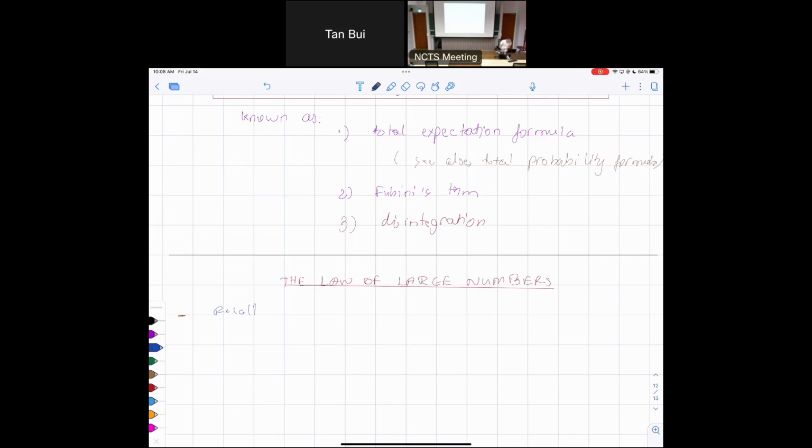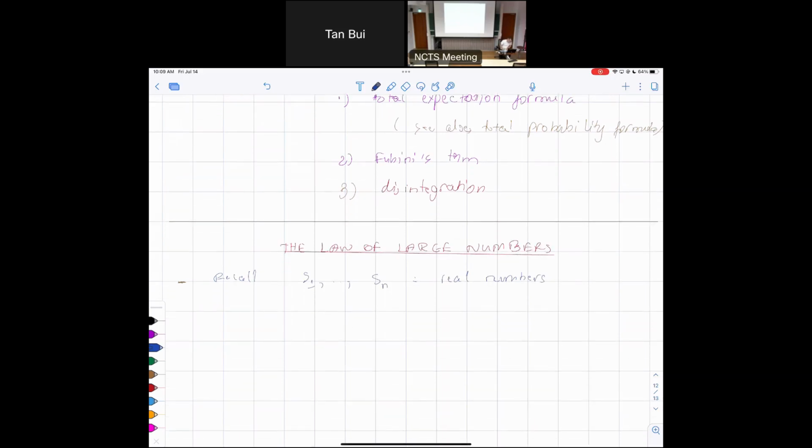Recall, if I have s_1 to s_n, a sequence of real numbers, what is the average? Can somebody tell us what the average of n numbers is? Very simple question, trivial.